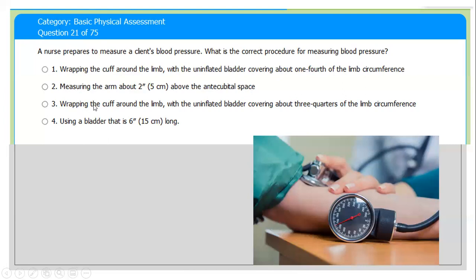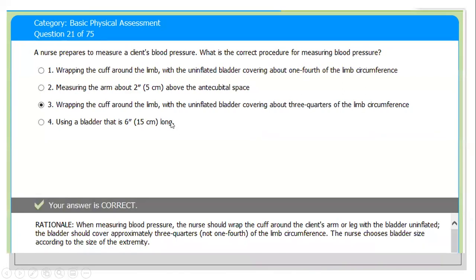Number three, wrap the cuff around the limb with uninflated bladder covering about 3/4 of the limb circumference. Number four, using a bladder that is 6 inches or 15 centimeters long.